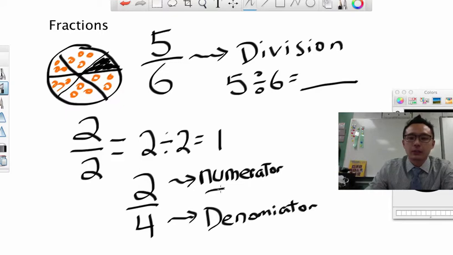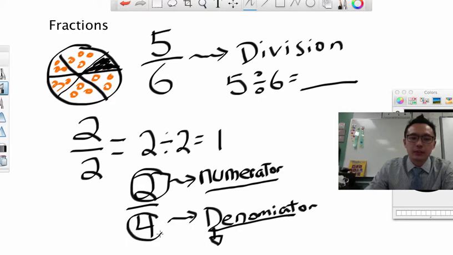Anytime you hear the word numerator, that's your top number. The denominator, starting with the letter D, could mean down. That's your bottom number. So in 2 over 4, the 2 is your numerator and 4 is your denominator. Fractions show a piece of the whole, and they can also mean division.